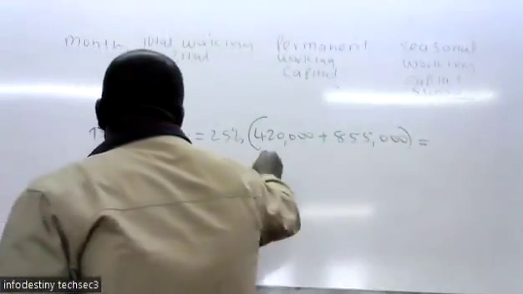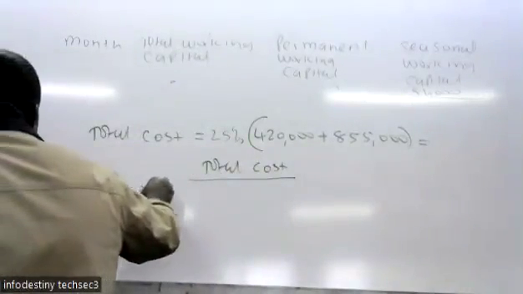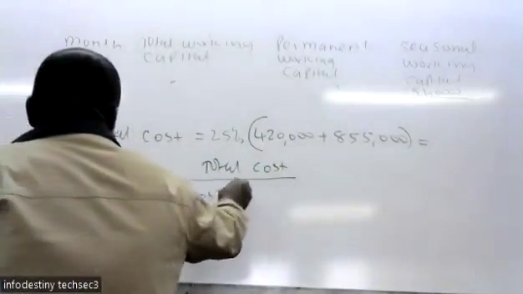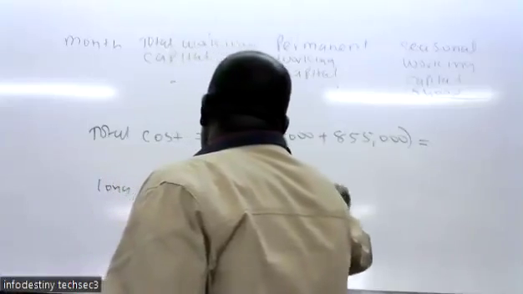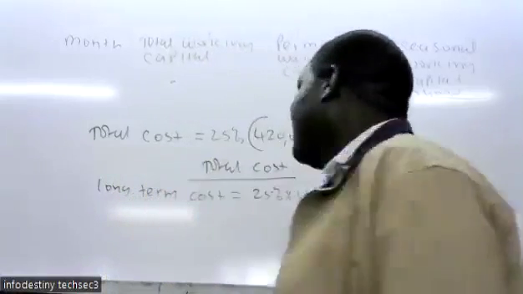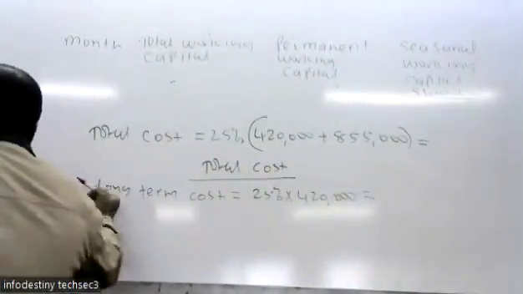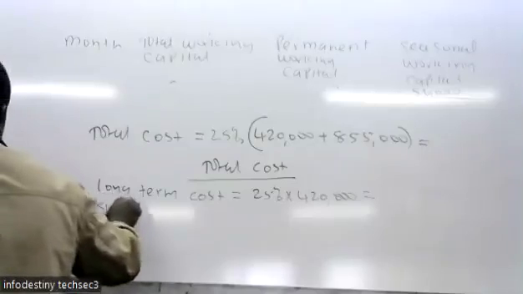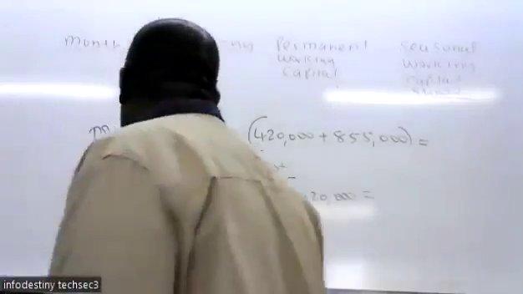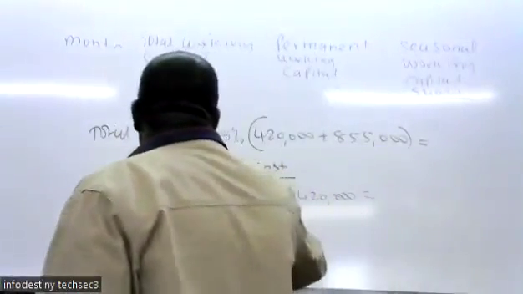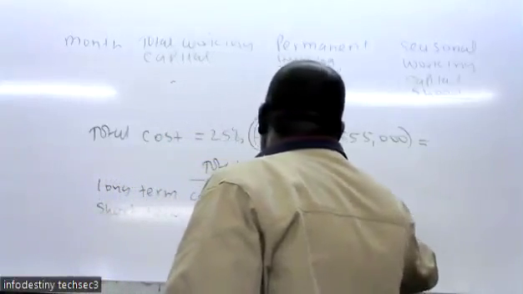To get the total cost, we start with the long-term cost, whereby you get 25% of 420,000. And also the short-term cost, which will be 20% of 855.